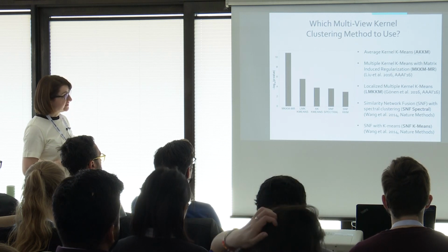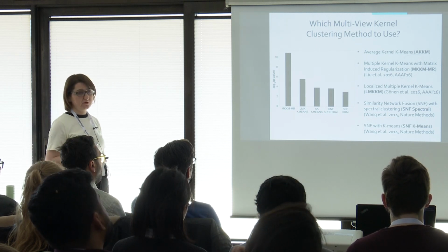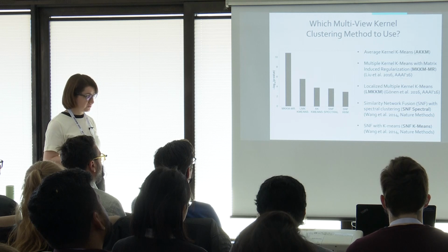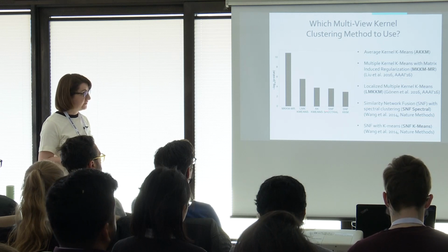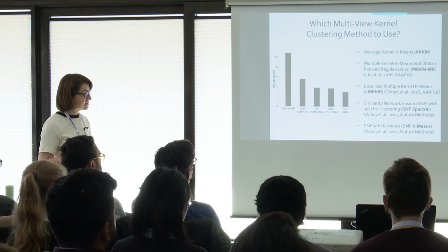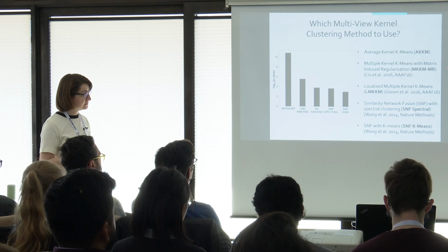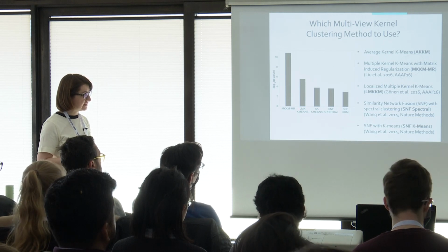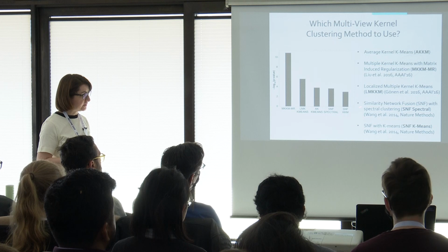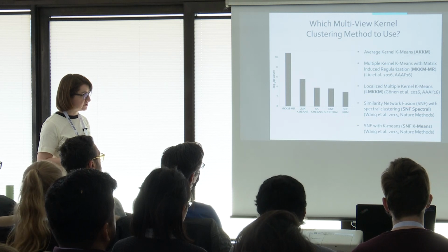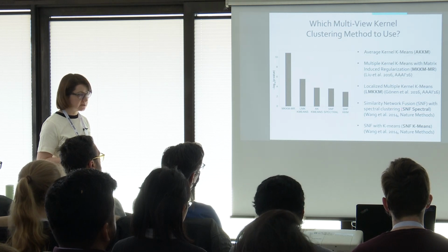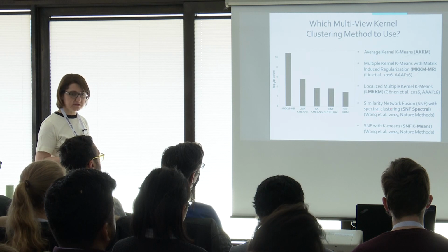So now the next step was which multi-view kernel clustering method to use. We tried different things, and here you can see the references. This one might be familiar, similarity network fusion, published in Nature Methods and applied to cancer, so you might have seen this work.